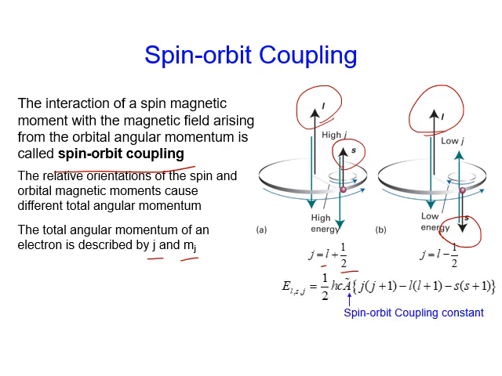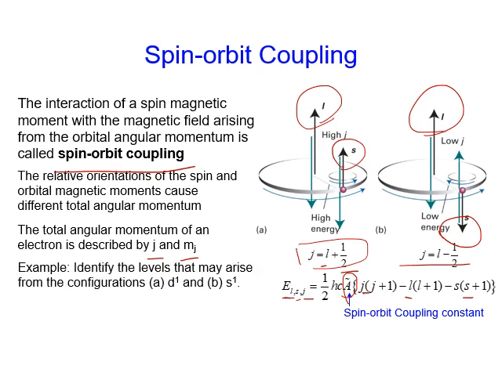Okay, and so the energy is calculated by this equation, which needs the spin-orbit coupling constant, the J quantum number that we just described, the orbital angular momentum quantum number, and the spin quantum number.